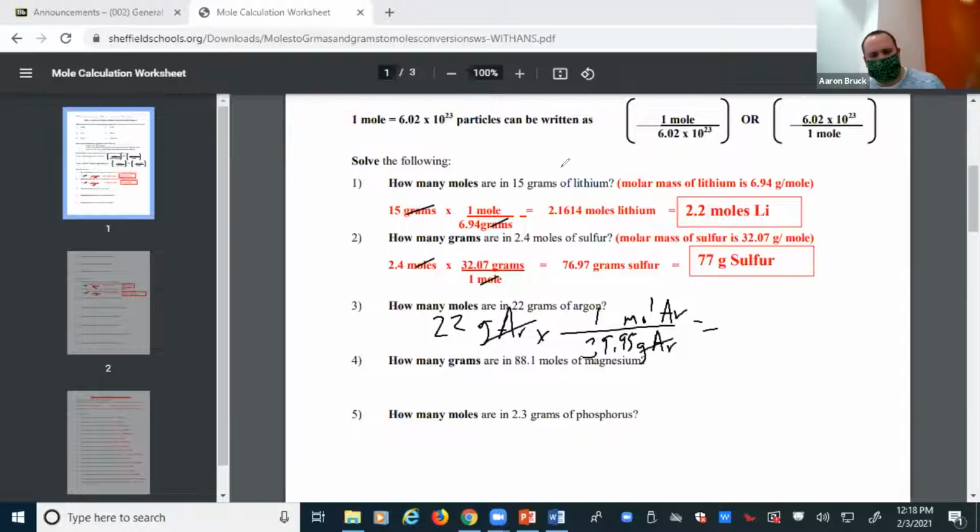So my grams of argon cancel. 22 divided by 39.95, to two significant figures because I only started with the 22, is 0.55 moles of argon.